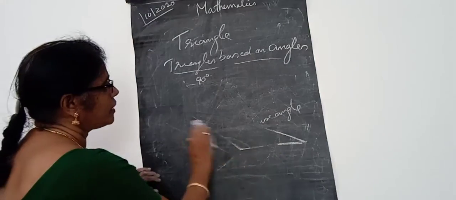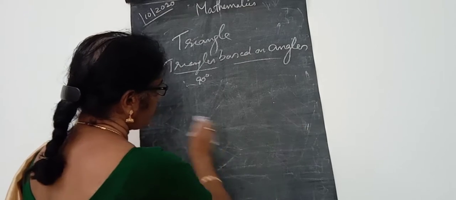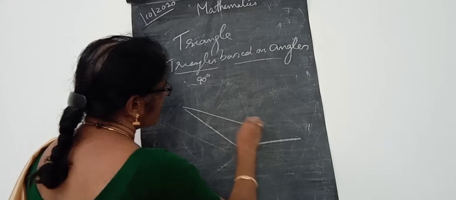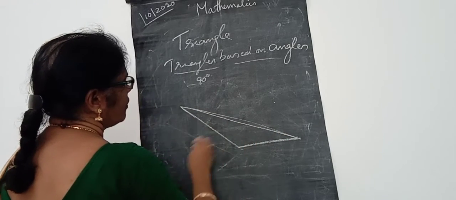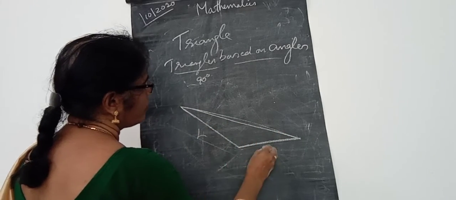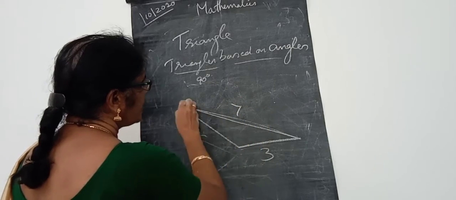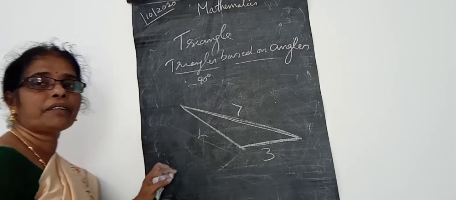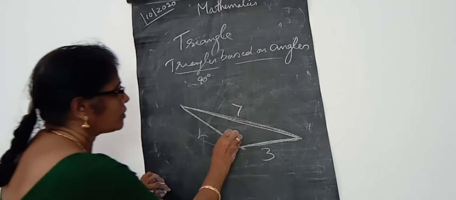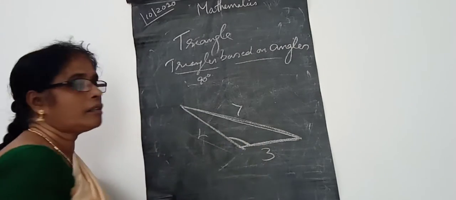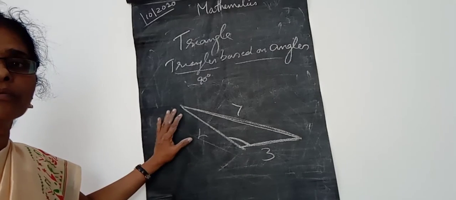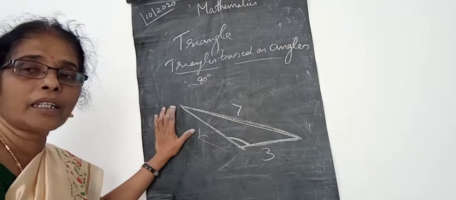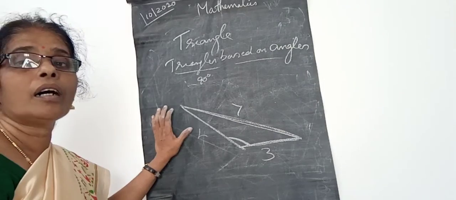Okay. Then look here, children. This one is a figure of a triangle. In two ways you can observe this triangle: one is on the basis of the sides and another is on the basis of the angles.